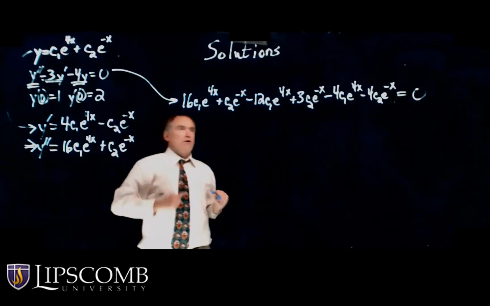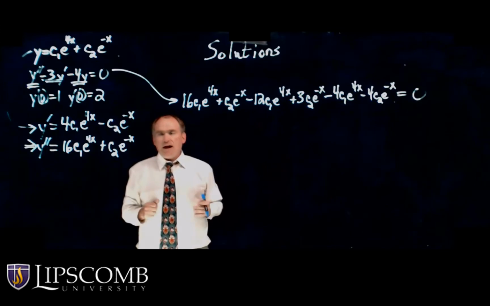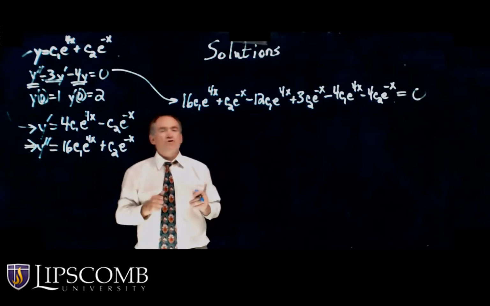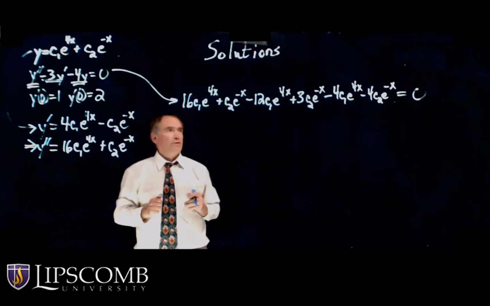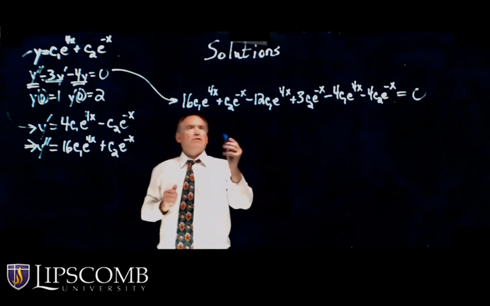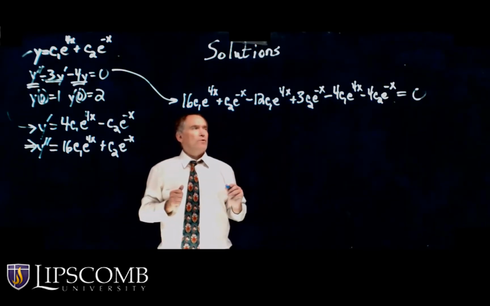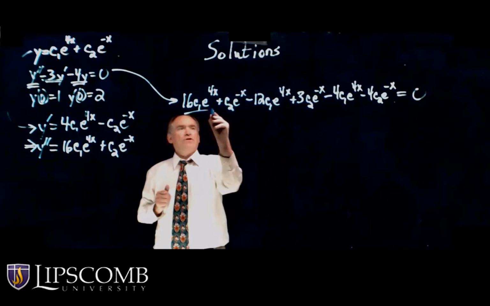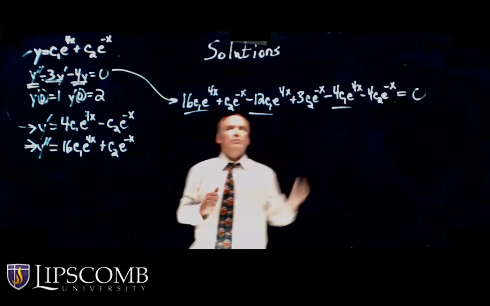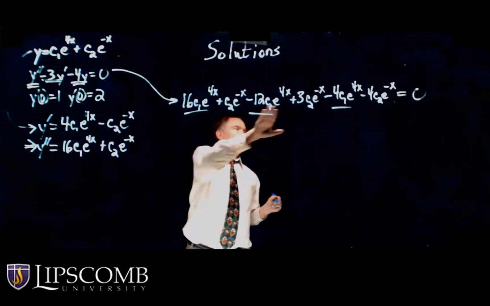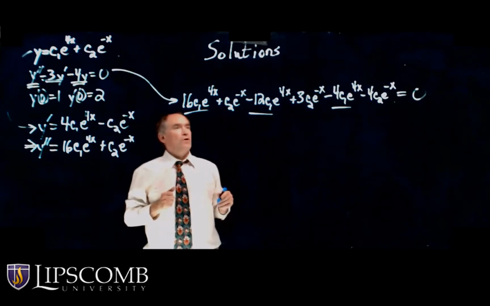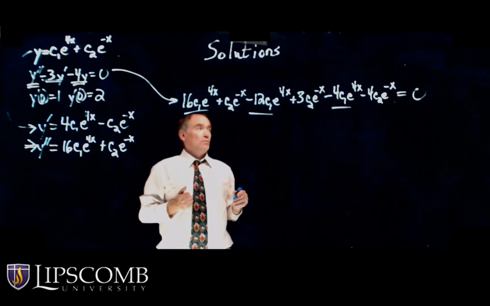So that took care of this last part. I plugged it all in. Now we get apples with apples, oranges with oranges, kumquats with kumquats. So let's get all our e to the 4x's together: this one, and this one. So I have 16 minus 12 minus 4. What do I notice?